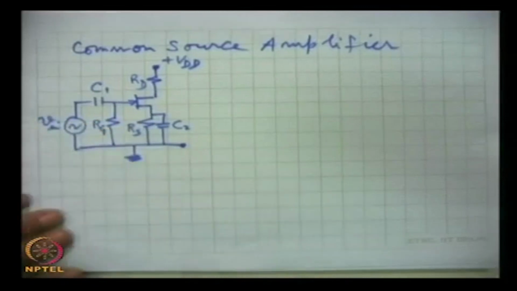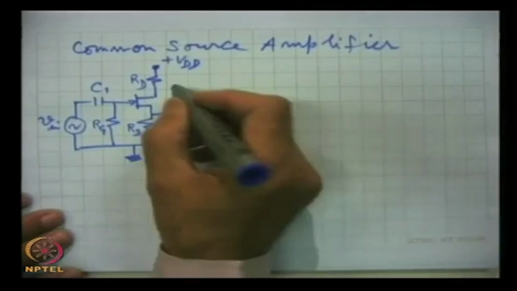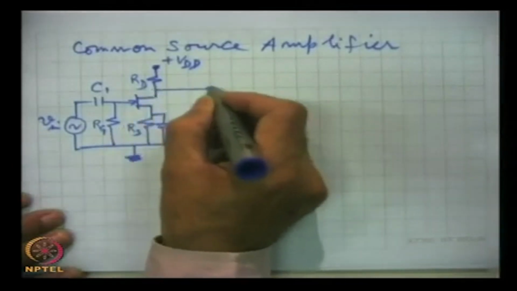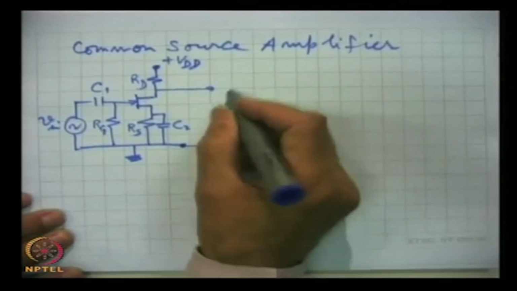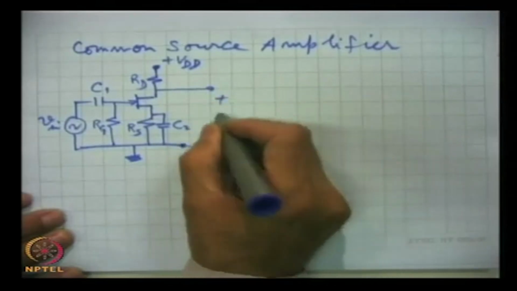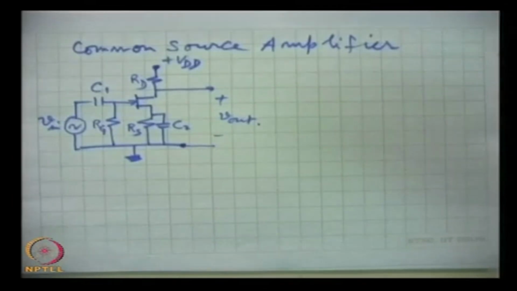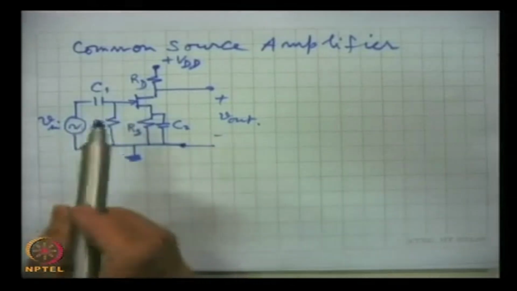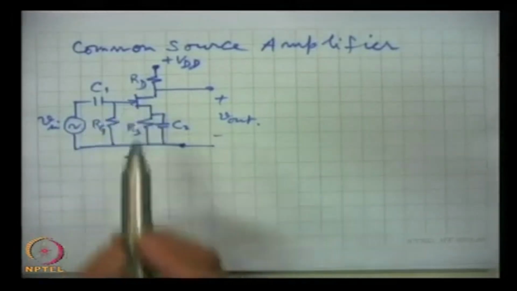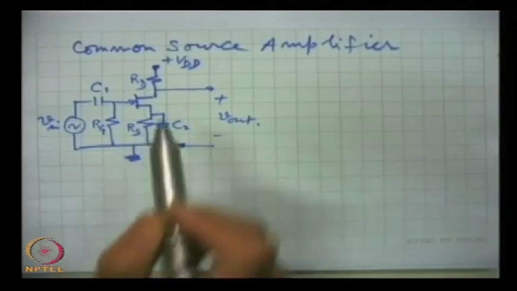This is to be amplified, and the amplified signal is taken at the output here. This is the common source amplifier, and here the input is given between gate and source, and output is taken from drain and source.